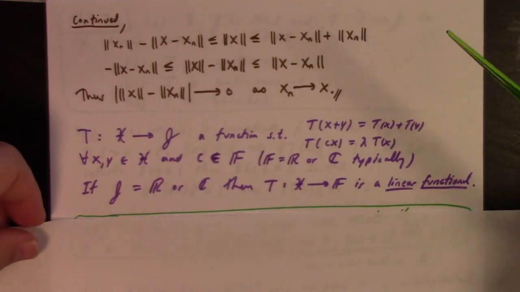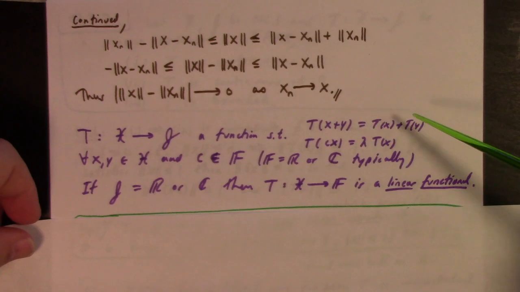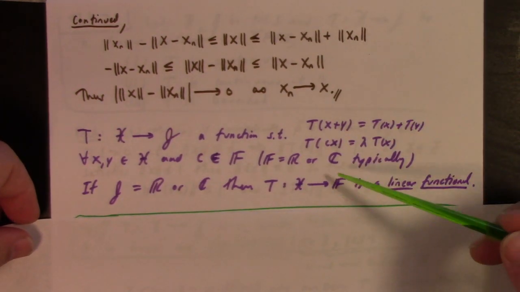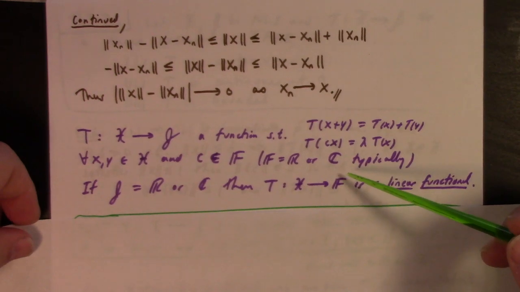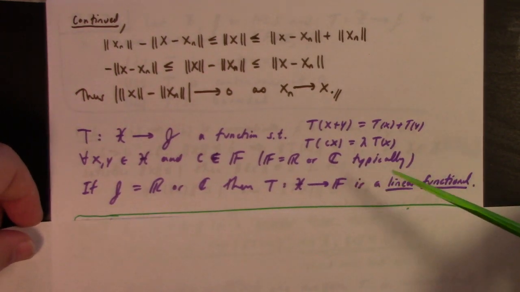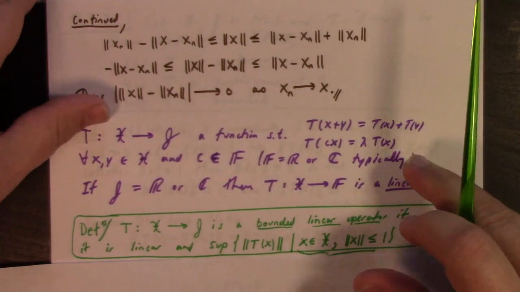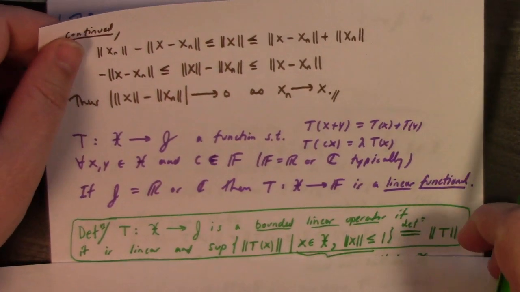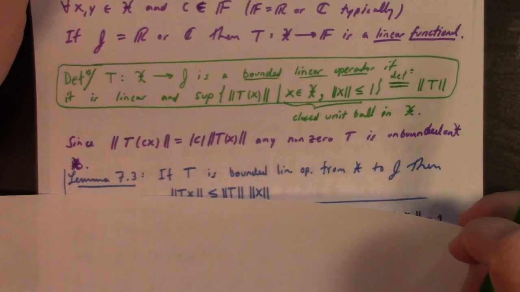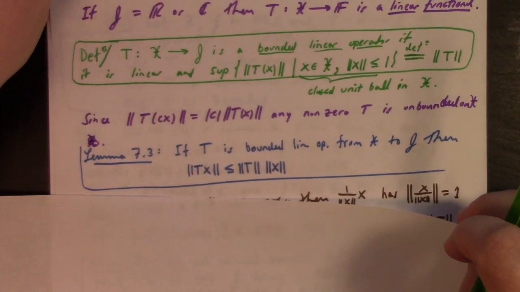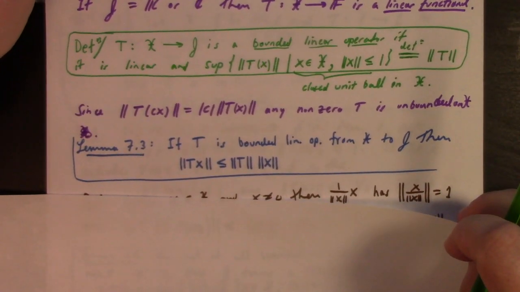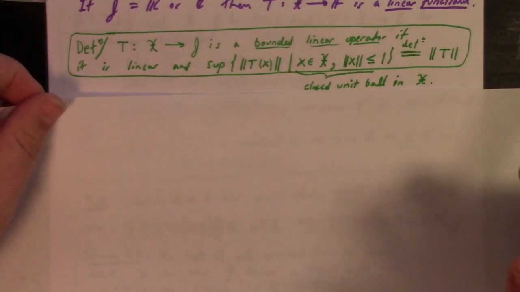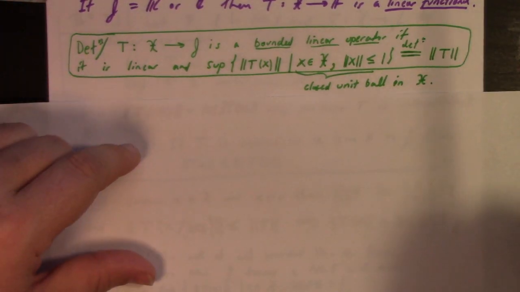Next up, he talks about linear transformations, or you could talk about linear functionals. That would mean that the output's not just a vector space; it's in fact the field in question. And this is one of the more important definitions that one has to really try to internalize and come to terms with as you study this material.